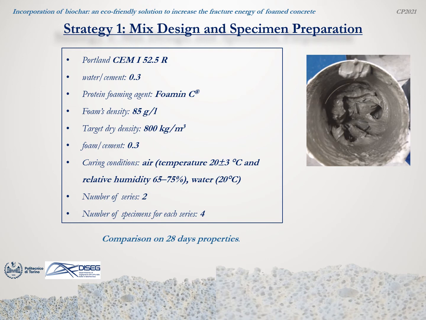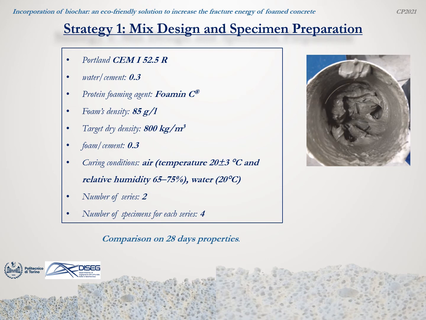The preformed foam, whose density was equal to 85 grams per liter, was generated through the foam generator using a protein foaming agent concentration equal to 5% and an air pressure of around 3 bar.